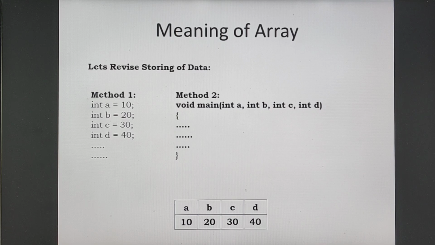So this method fails when there is multiple data to be stored, and when the data set is used together. For example, I may have students' marks in a class and want to know who is highest. In that case, I have to have the entire set of data. So this method fails because it has multiple variables.